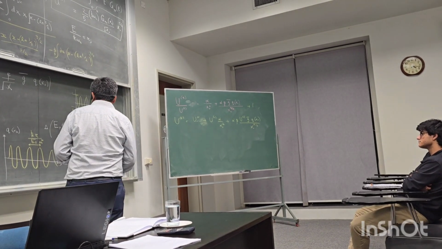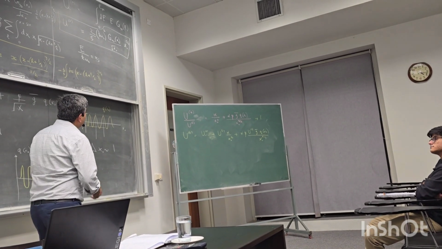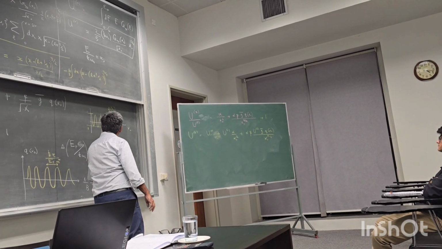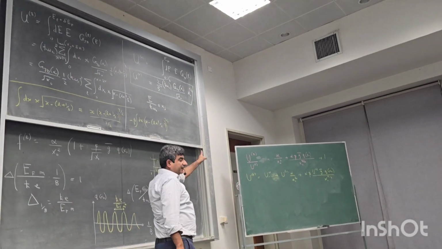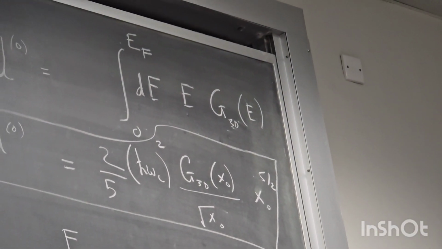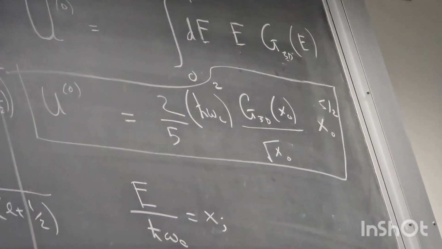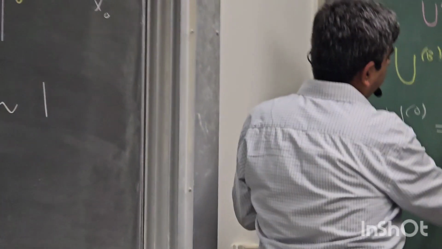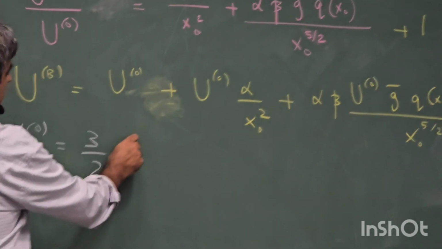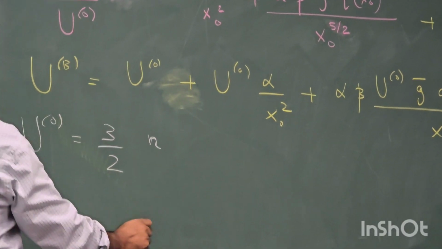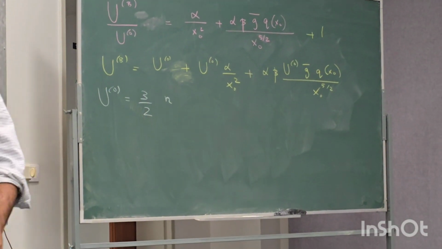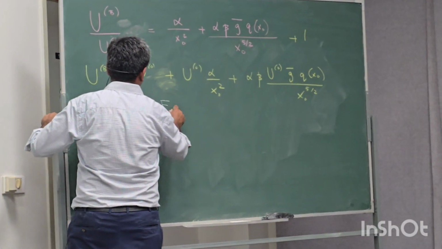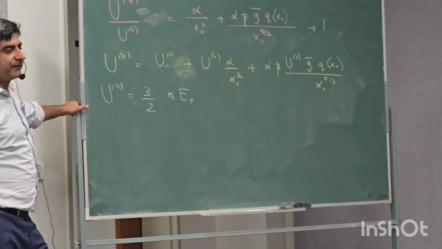You can also always express U naught in terms of the Fermi energy. So U naught, we know, is that thing over there. How do we express this in terms of the Fermi energy? We know that U naught is 3 over 5 n EF, and we've already derived this in our previous lecture.